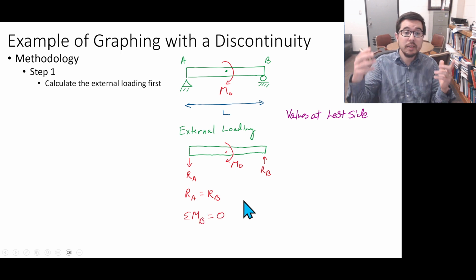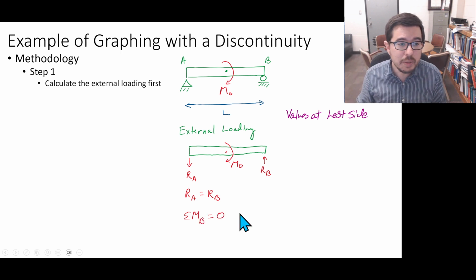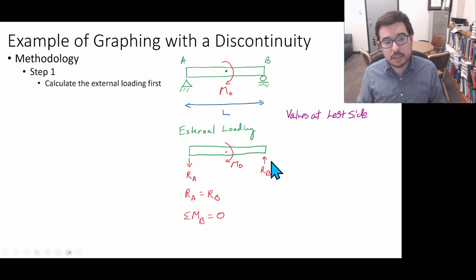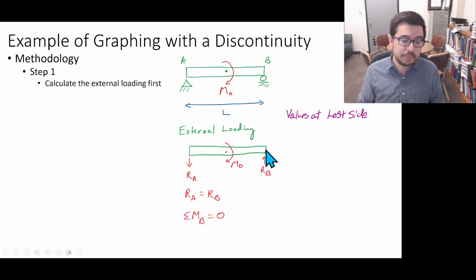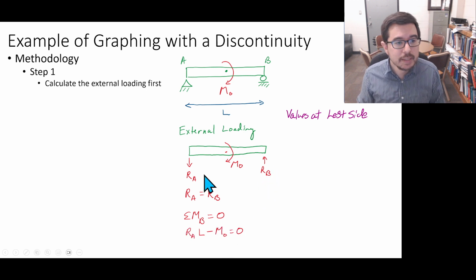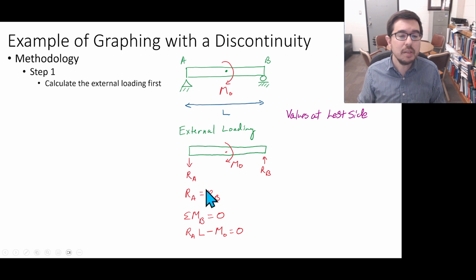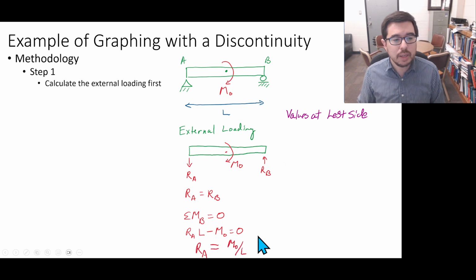When we apply equilibrium on the moments and we select, let's say, this point over here on the B side, we can say R_B is no longer going to make any contribution, but R_A L, acting that distance L across, is going to be positive coming out of the board, while M naught is going into the board, is negative. So R_A is equal to M naught over L.